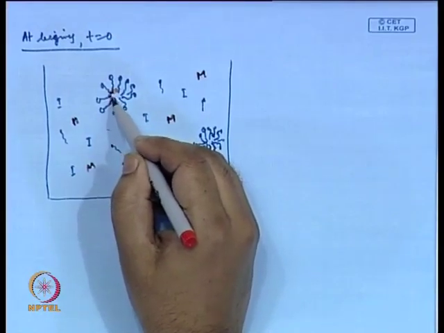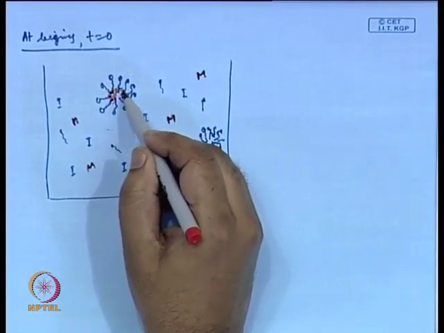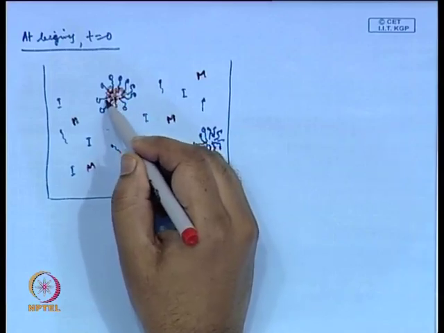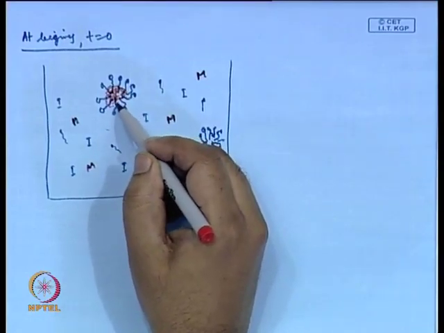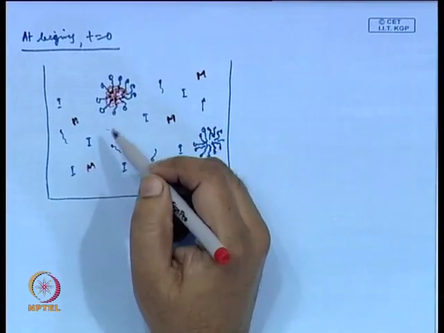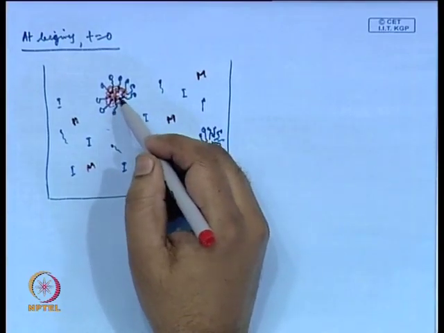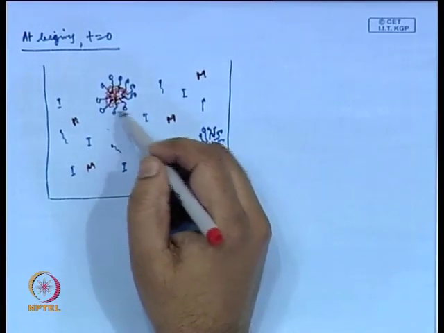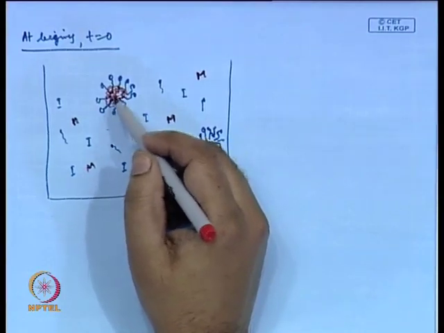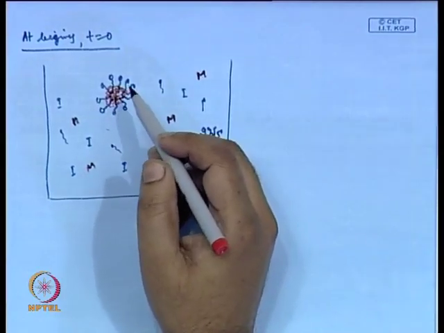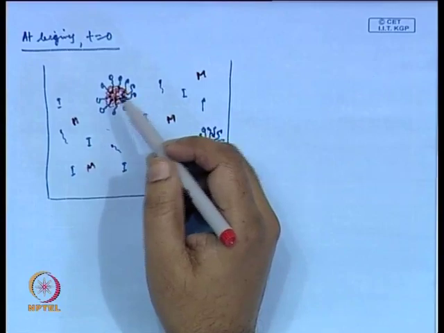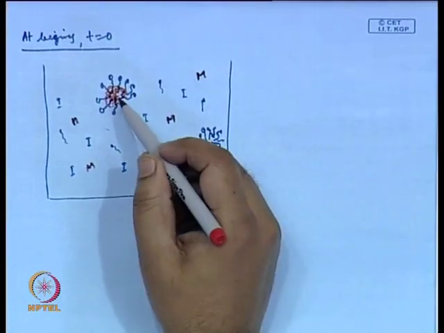A small amount of monomer will be solubilized in the surfactant core, because we know that surfactant cores are hydrophobic in nature, so they can solubilize any non-polar or hydrophobic molecules inside.